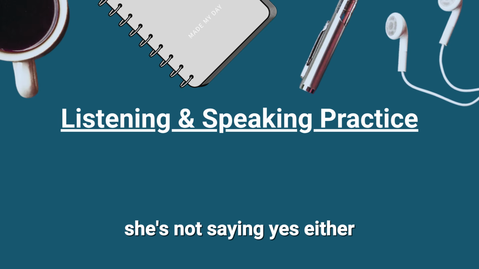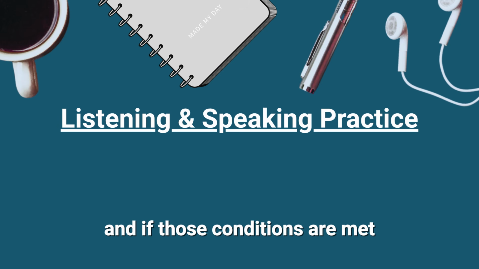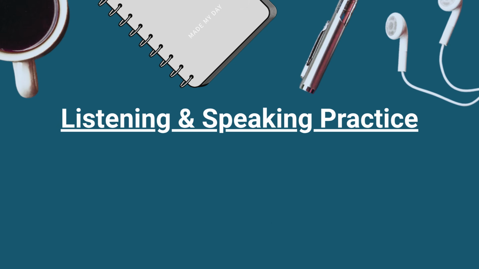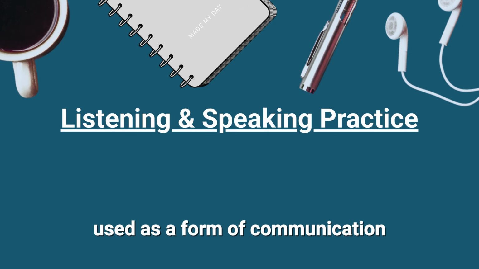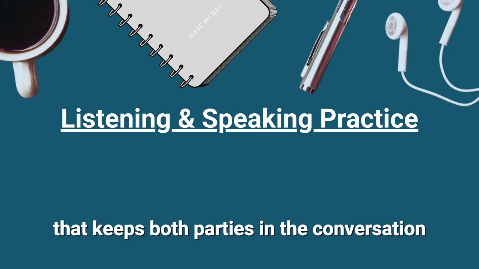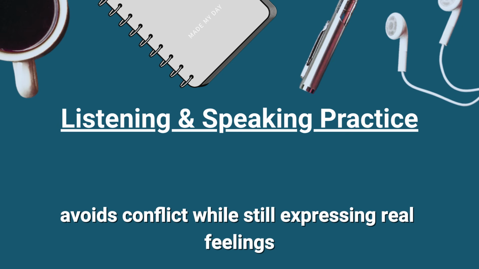She's not saying yes either. She's saying, there are conditions, and if those conditions are met, I'm open to it. This is conditional language used as a form of communication that keeps both parties in the conversation, keeps the door open, avoids conflict, while still expressing real feelings.